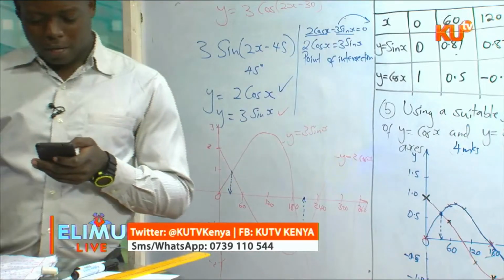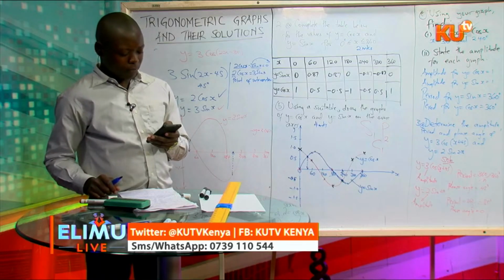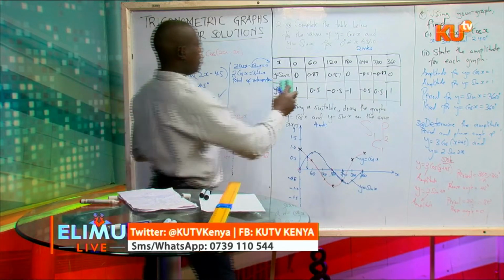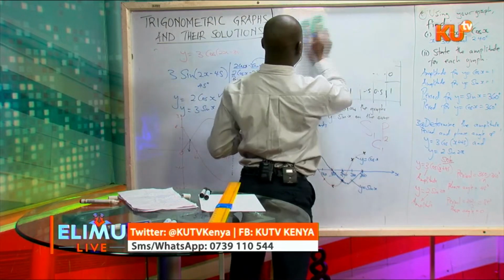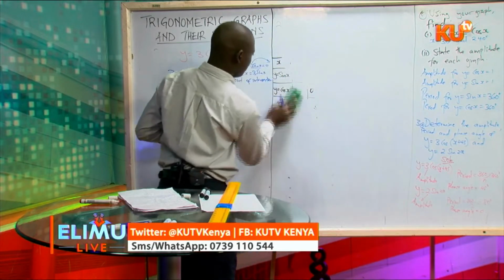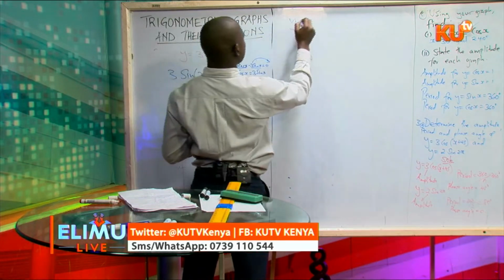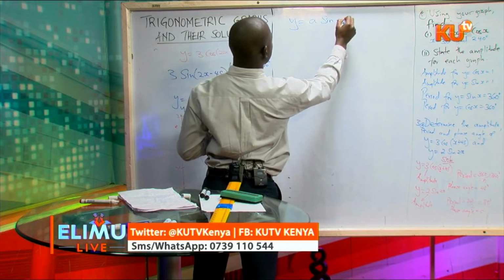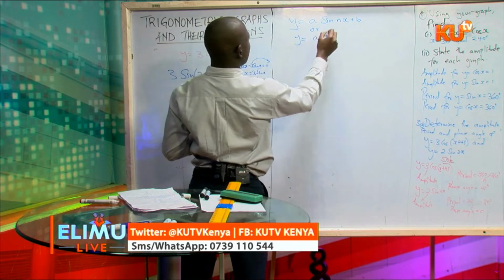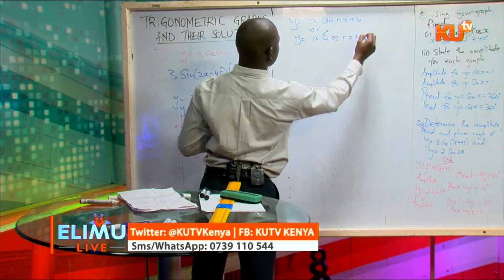That is good, Emmanuel. Gloria from Nakuru Girls, please explain the determination of amplitude, period and phase angle without a graph. When you're looking at the amplitude, period, and phase angle without using the graph, I've given a very simple principle. In this case, you'll be given y is equal to a sin(nx + b), or y is equal to a cos(nx + b).